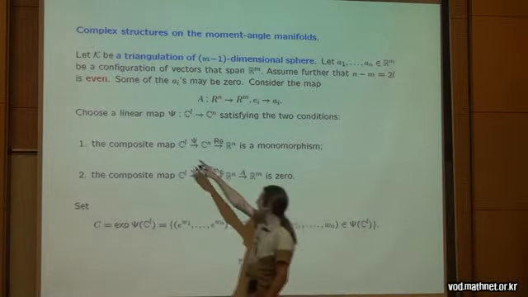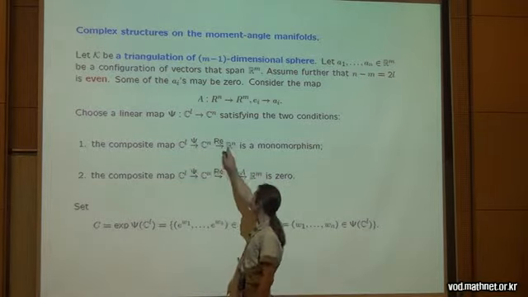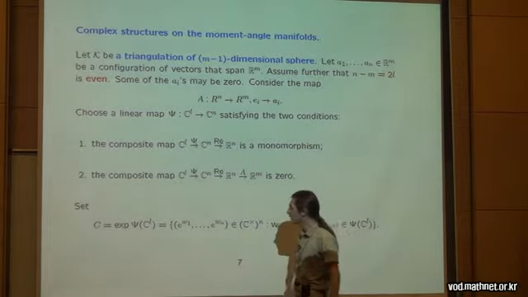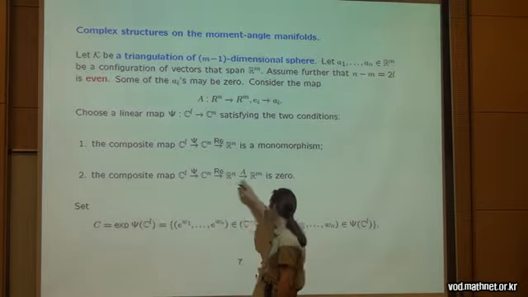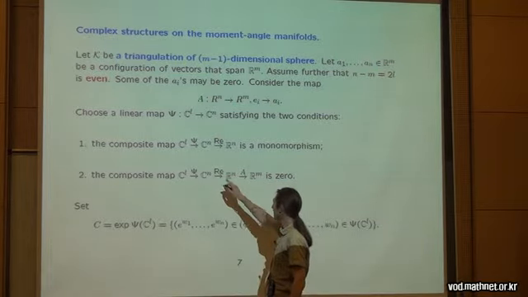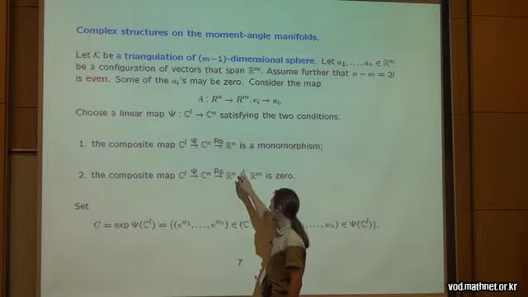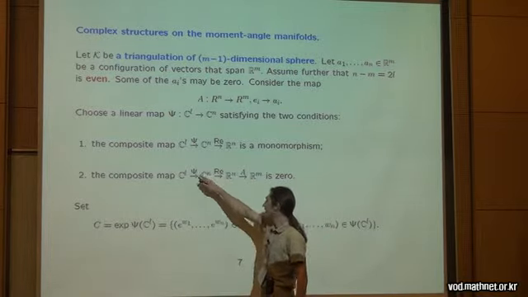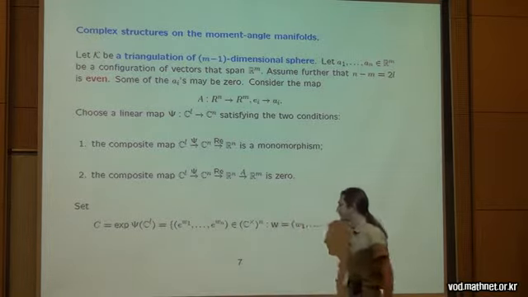First, the composition of the real part with psi is a monomorphism, and the second condition is that the composition of the real part and phi is just zero.